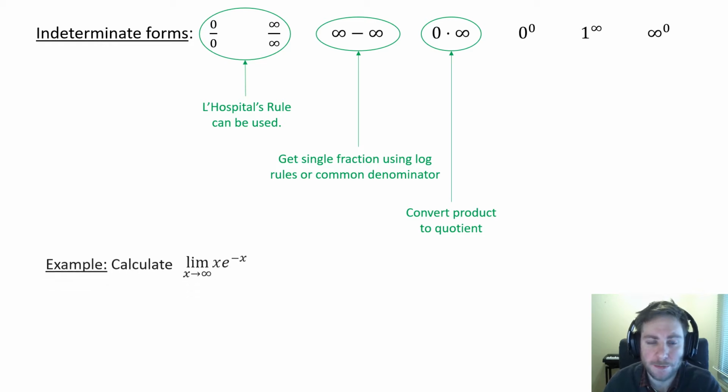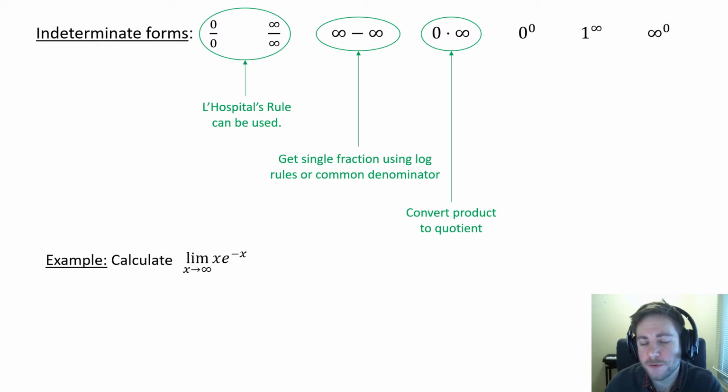So consider this example. As always, the first thing you should do is just try to evaluate this directly. So we let x approach infinity and just see what happens. The expression shown as e to the minus infinity would be approaching 0. An explanation of that can be found in the previous video or by referring to the graph of e to the x.